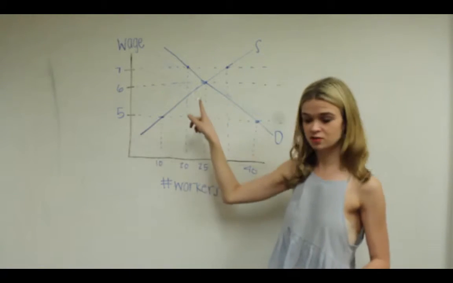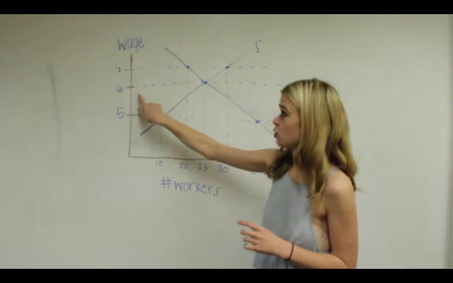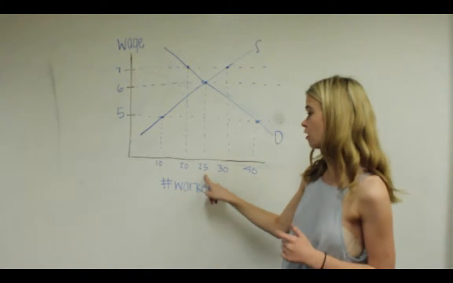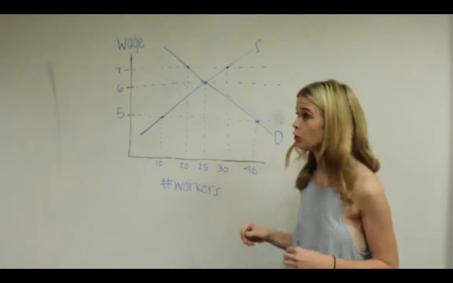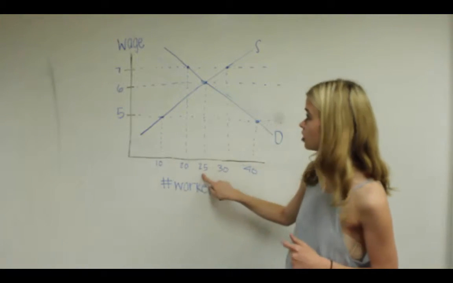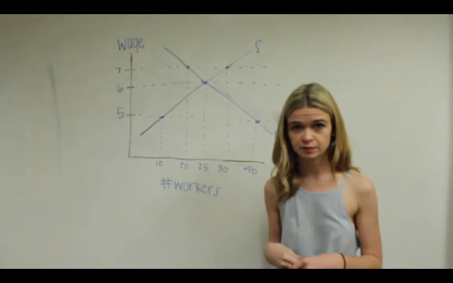Well, it's at that same intersection point. Market equilibrium is at a wage of $6 and a quantity of 25. So at equilibrium, this market will pay its workers $6 and it will hire 25 workers. That's just because that's where the lines meet.